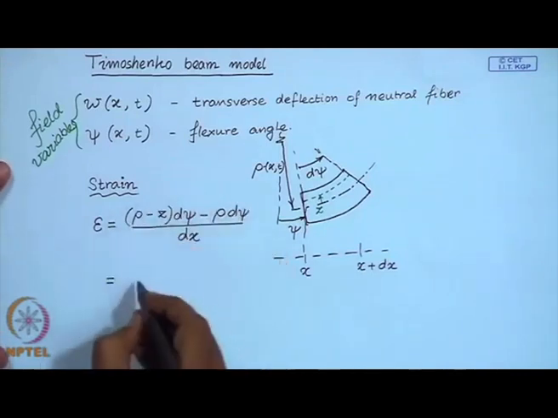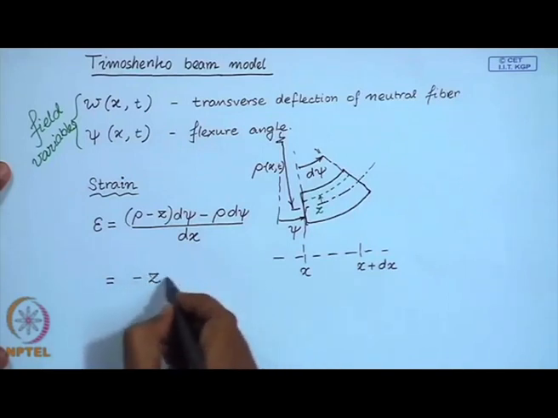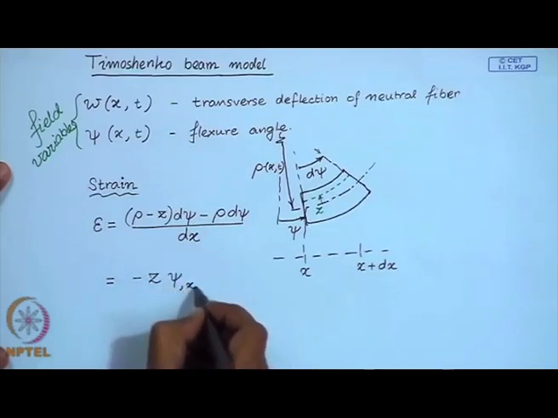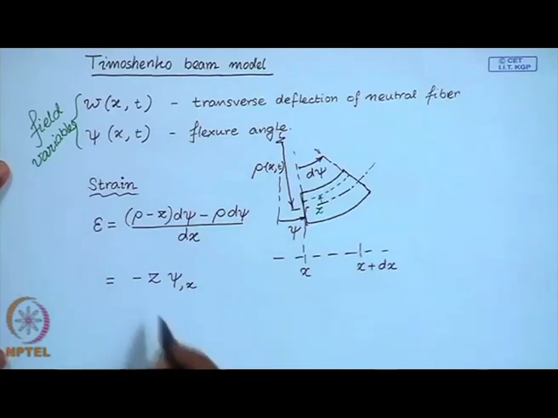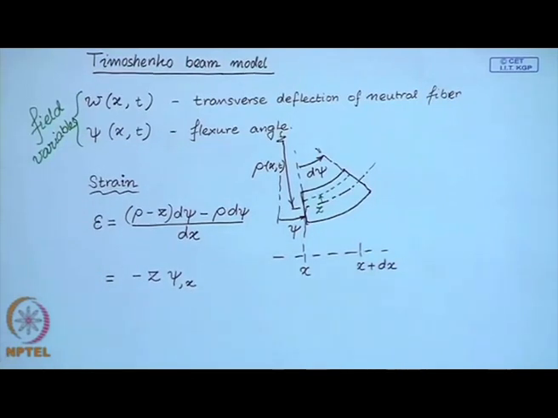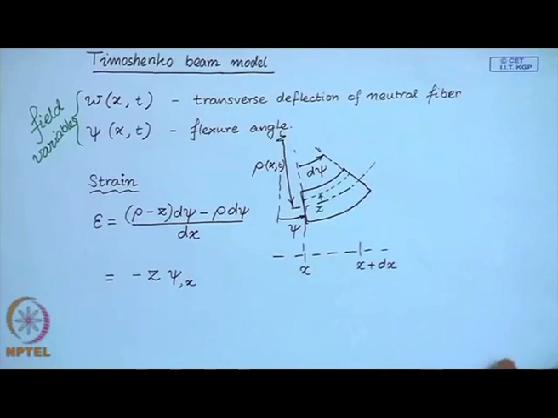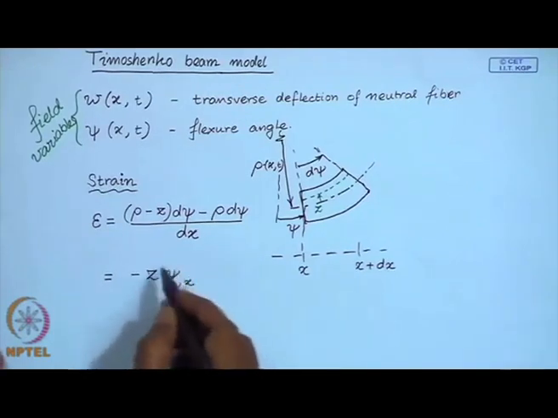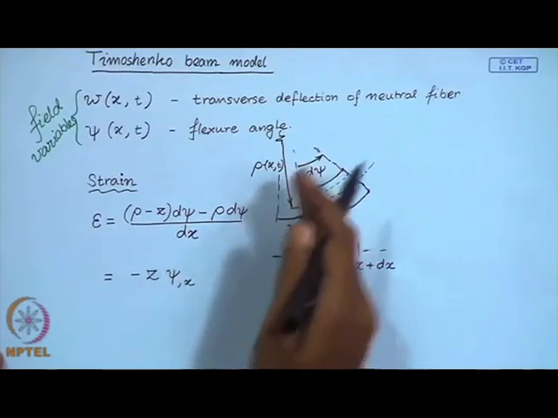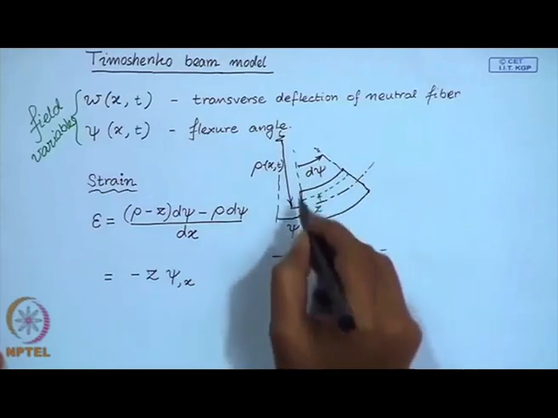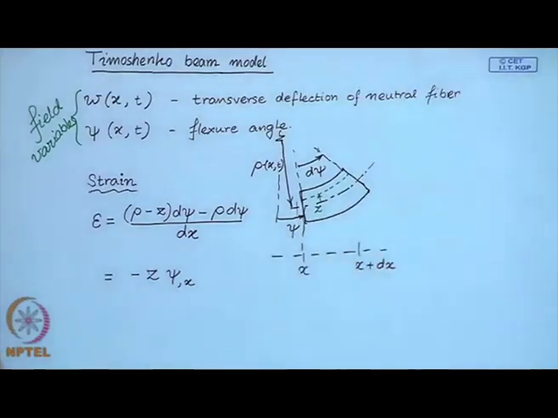So, this can be written as minus z del psi del x. So, this is in terms of the angle by which this section has rotated. So, that is the strain in this fiber.